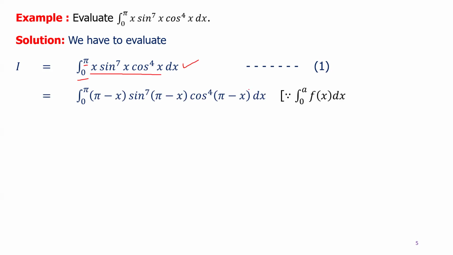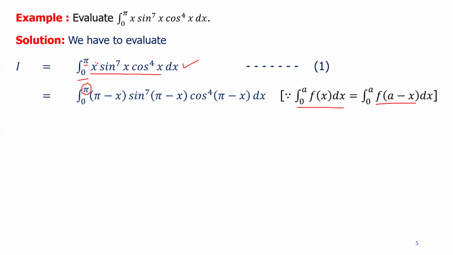Now we know a very important definite integral formula: integration of f(x) under the limit 0 to a is equal to integration of f(a minus x) under the same limit with respect to x. Here, the upper limit is pi.